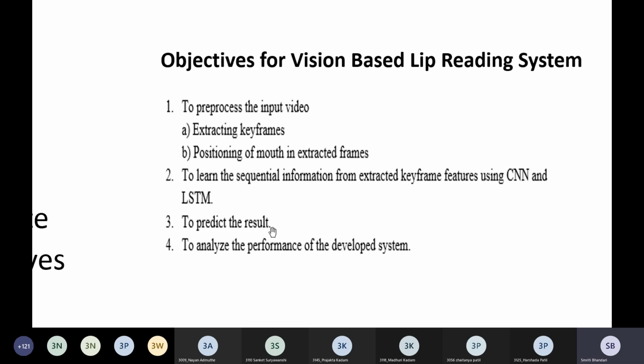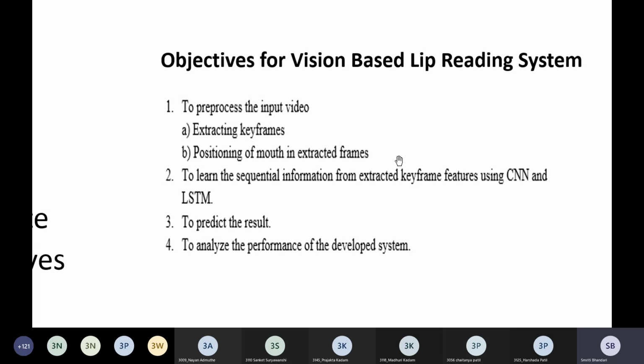If it is incorrect, then once again we may need to go to the algorithm, modify and tune some parameters, and once again perform these steps, right? But in all, these four are the objectives identified for this particular project.